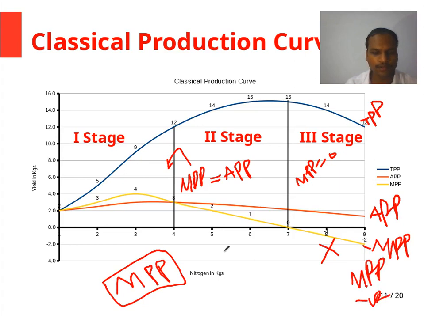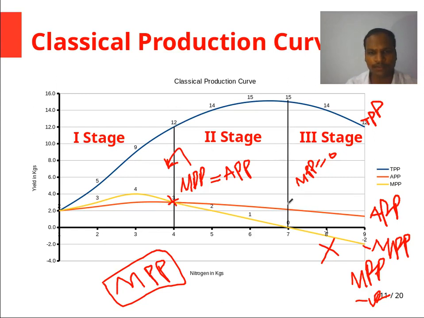So based on MPP, we separate the production curve into 3 stages. First stage ends where MPP equals APP. Here we can say that the yellow line and the orange line cross. That means this value is the same, 3. So when these two are equal, it is known as the end of the first stage or beginning of the second stage.